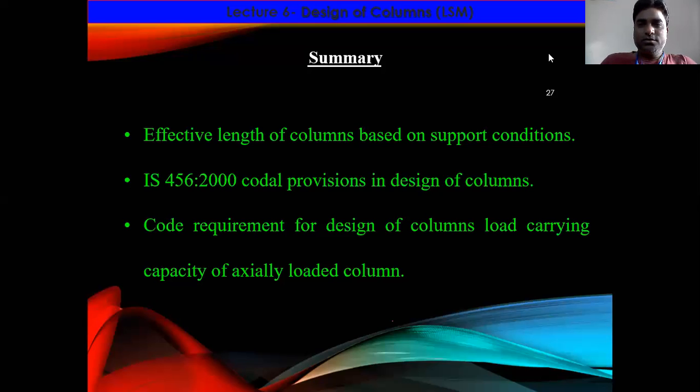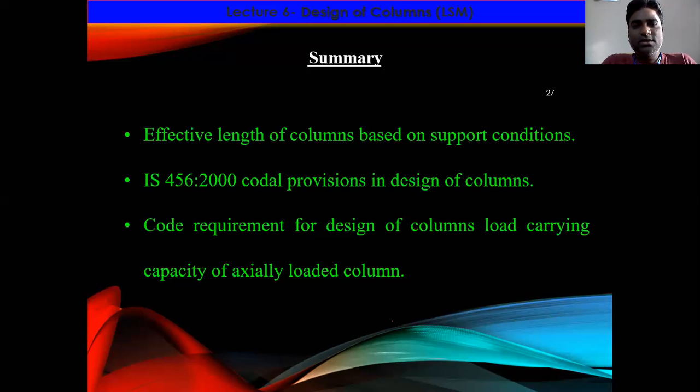Right. So due to the time constraints, I'm just concluding today's class. Let me summarize what we have discussed till now. We have discussed what is meant by effective length of the column and how to determine the effective length of the column. That means how the support conditions will affect the buckling pattern, and what is the effective length of the member for different support conditions.